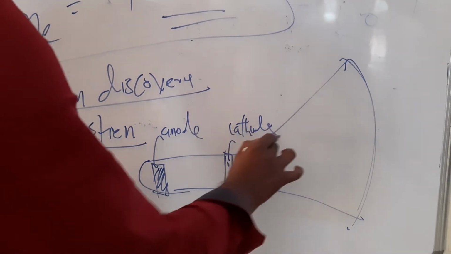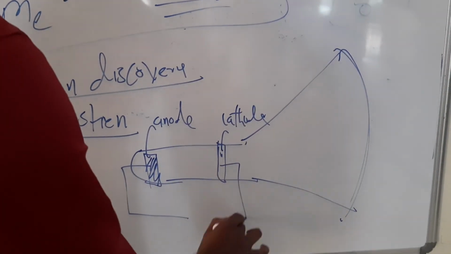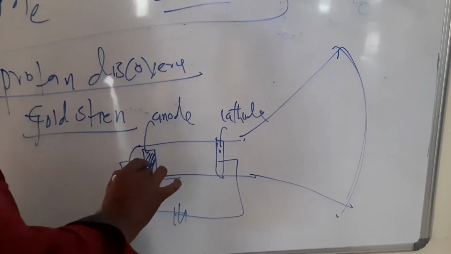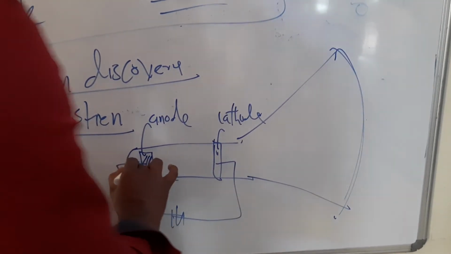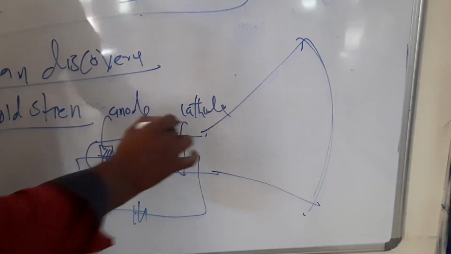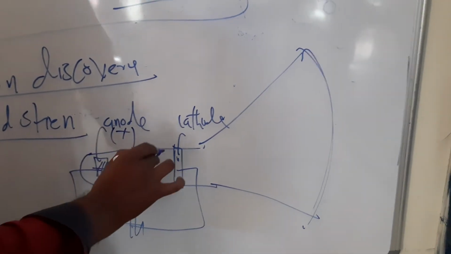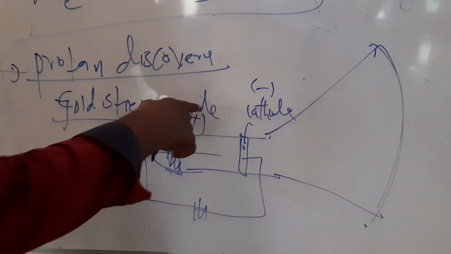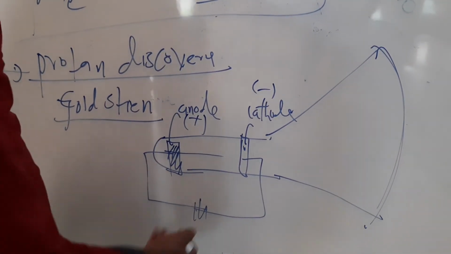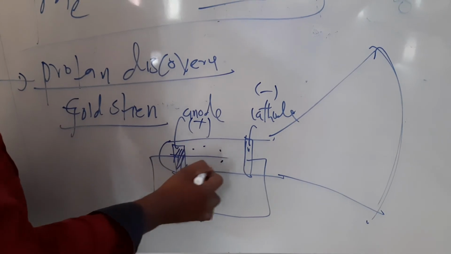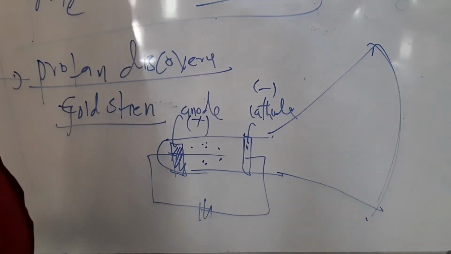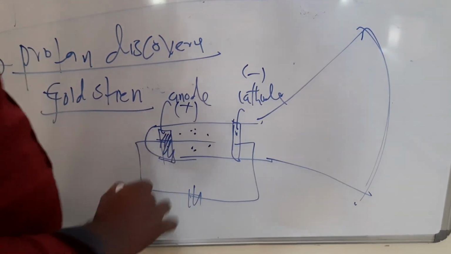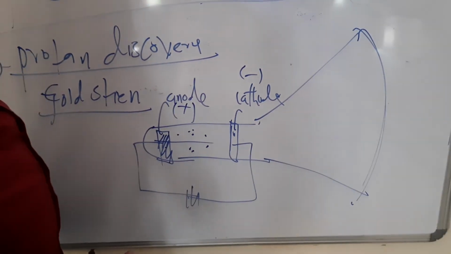They are attached to a high voltage, and the cathode rays travel towards the anode, because cathode rays are negatively charged. Anode rays are positively charged. Upon electric discharge, here again he has taken a gas and a metal plate. These anode rays travel towards the cathode because they are attracted towards the negative plate.